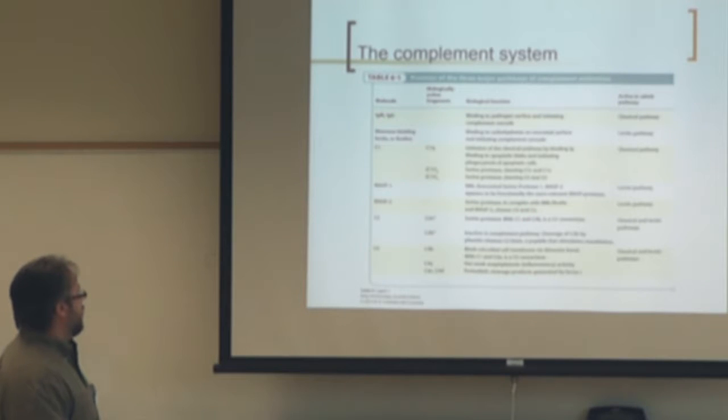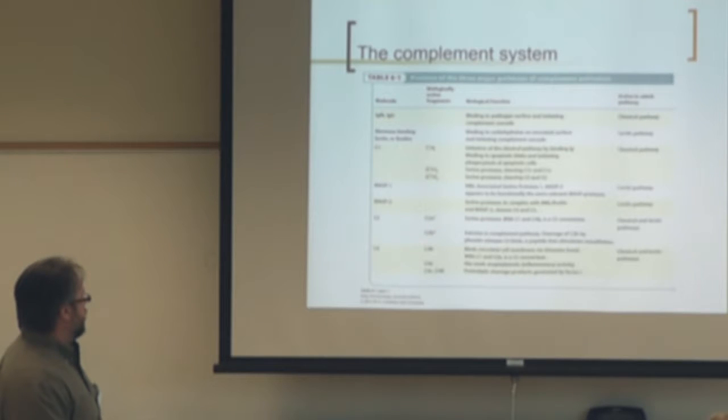So C2 is now going to be cleaved by these into A and B. C2A has serine protease activity and is a C3 convertase, and then the other fragment is inactive in the complement pathway.